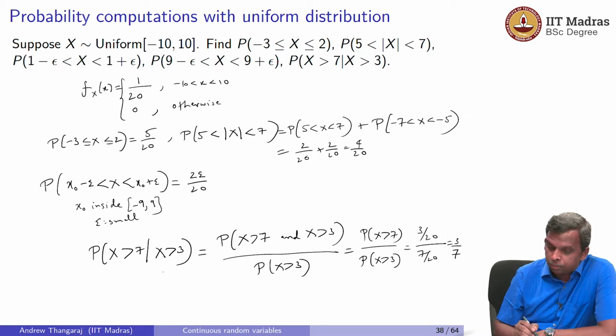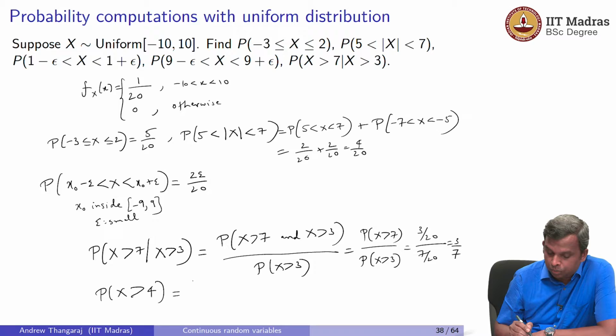If you want to contrast, say, the probability that x is greater than 4, maybe I should do this: x is greater than 4 given x is greater than 0. Okay. So this is also like the 7, 3, right? The 7 is 3 plus 4, isn't it? And 4 is 0 plus 4.